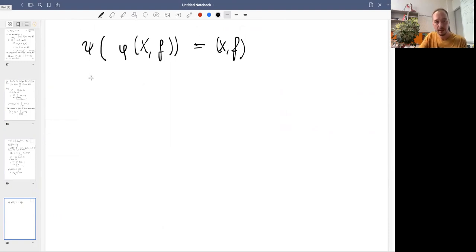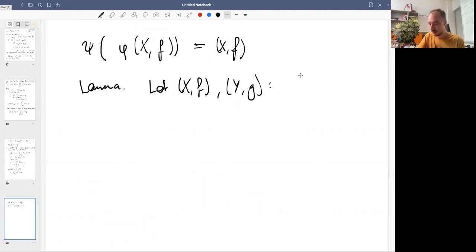So, lemma: let (X, f) and (Y, g) be elements of the sigma type.